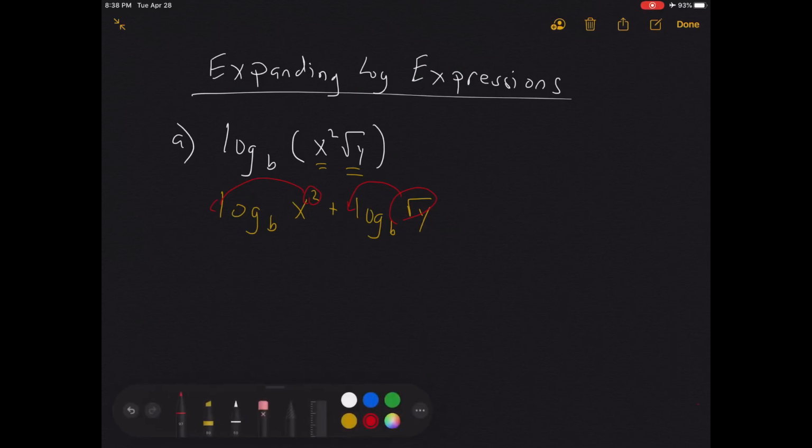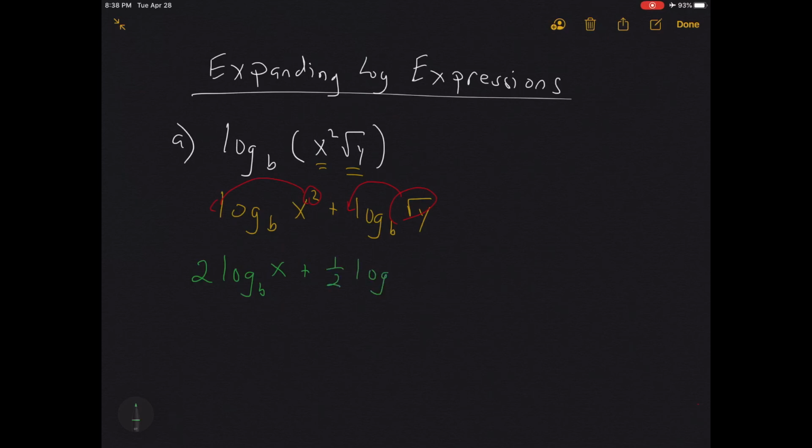So what we should end up with here is 2 times the log of x base b plus, remember that square root is a 1/2, so 1/2 log of y base b, and that is completely expanded. Okay, the arguments are just single variables. Nothing else there. No powers, nothing else being multiplied or divided.